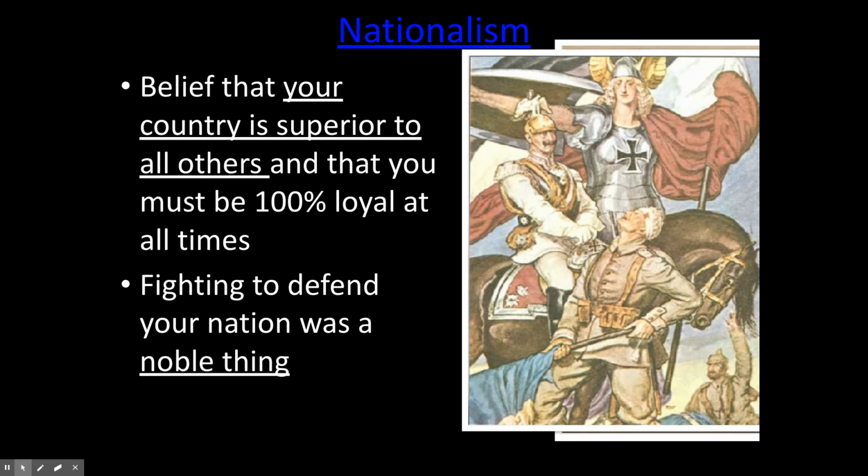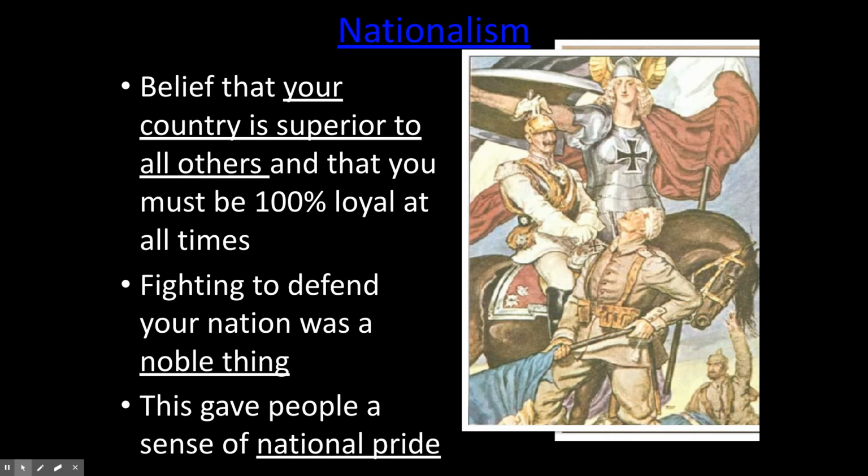Being patriotic and supporting your country is one thing, and being a nationalist, it's much more aggressive, it's confrontational, it's defensive when someone were to look to criticize a weakness in your own country. Nationalists, it's not a good thing. Nationalism causes problems, like world wars. This gave people a lot of sense of national pride.